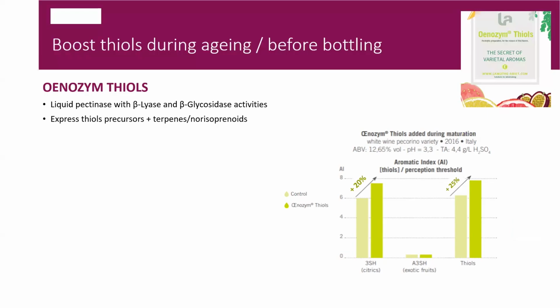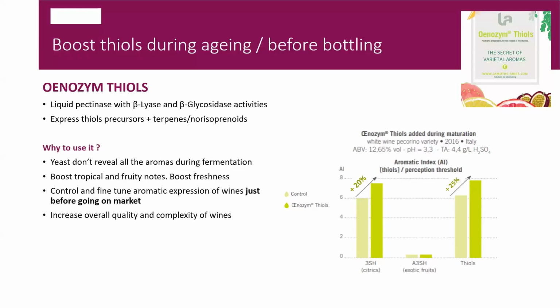We can see that there is 25% more thiols in the wine treated with the enzyme compared to the control. So basically, your wine will have 25% more tropical citrus aromas style.